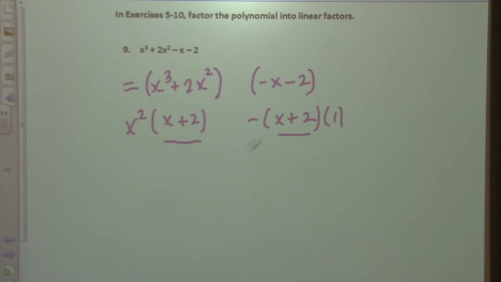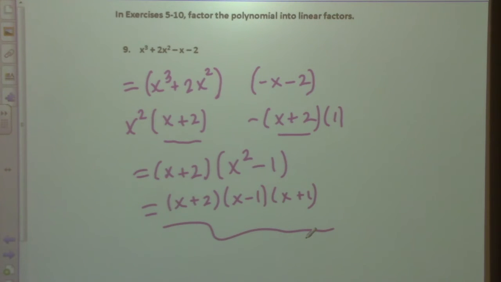So the common factor is this x plus 2. So you have x plus 2 times x squared, and then you have this 1 left over, x squared minus 1. And now can you factor out this x squared minus 1? Yes. So you have x plus 2, x minus 1, x plus 1. So that would be number 9 done with the factoring by grouping.